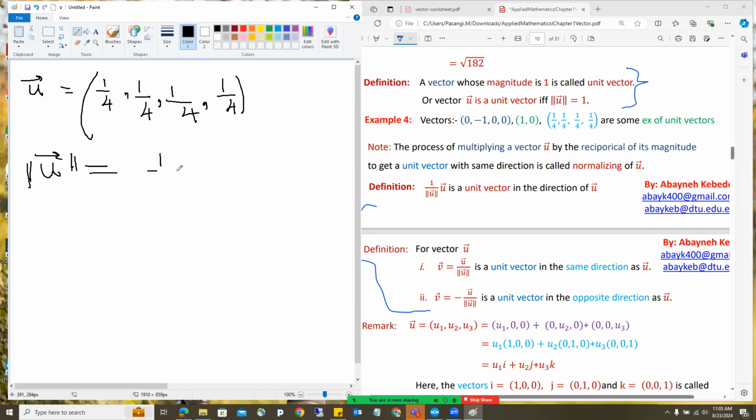So that is 1/4 squared plus 1/4 squared plus 1/4 squared, again plus 1/4 squared.